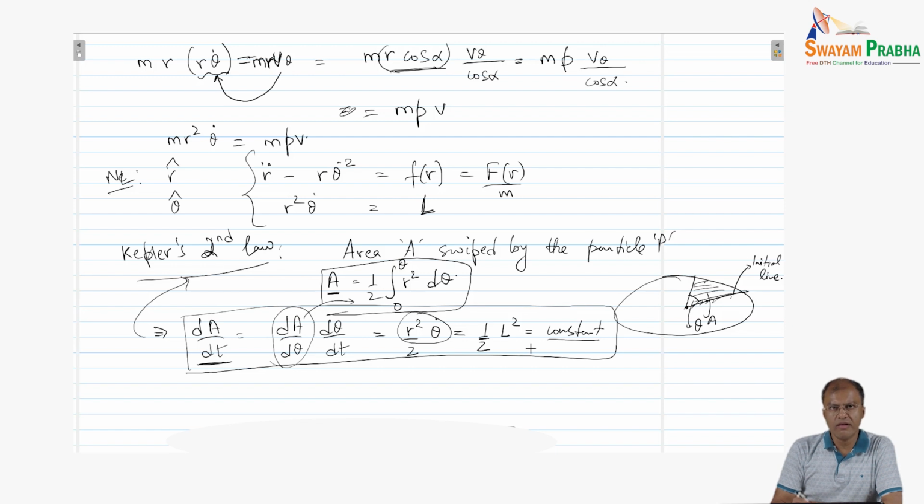Before leaving this discussion, I just want to mention that this does not hold only for a central force field, but for any inverse square law. So this is a more powerful statement.